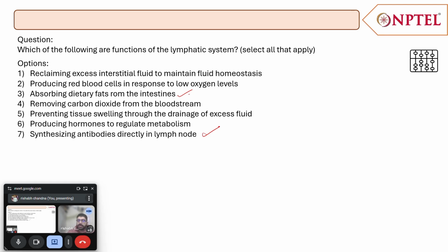Okay, so the correct answer is option 1, 2, 4, and 6. So let's see. First is reclaiming excess interstitial fluid to maintain fluid homeostasis. Yes, this is correct.